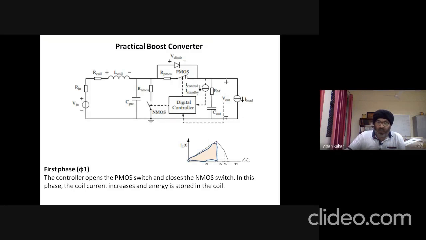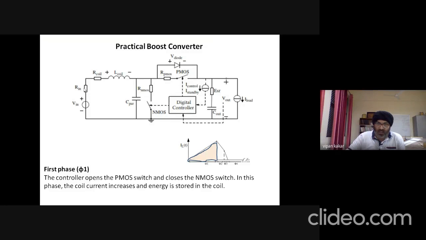Okay, so phase 1, similar to the buck converter, 4 phases. Phase 1 is denoted by phi 1 and the shaded area over here. The inductor current ramps up like this. During this phase 1, this NMOS is switched on, as we saw when we did the mathematical derivation. This NMOS switch is switched on or closed, and PMOS is switched off or opened.